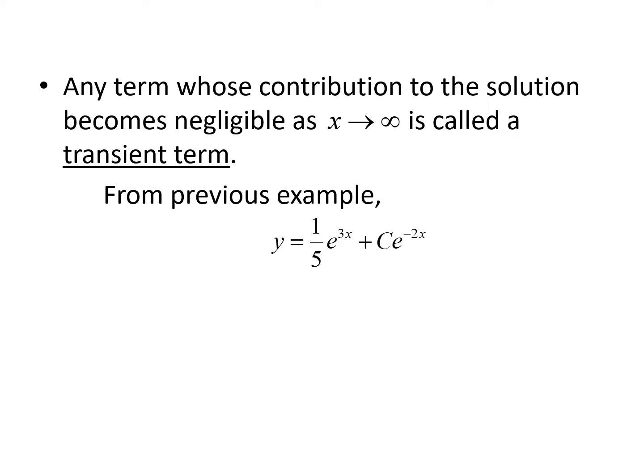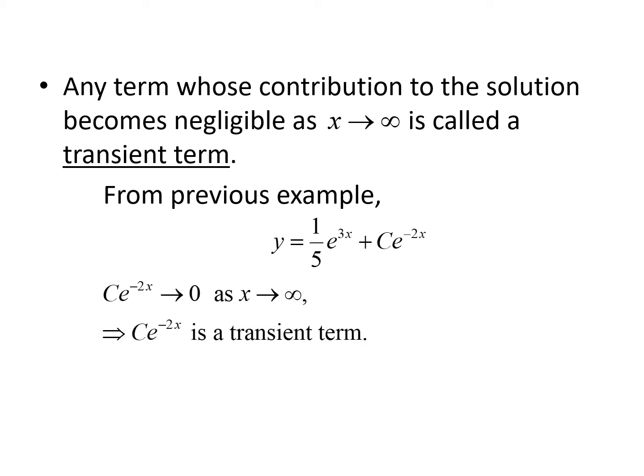But if I look at c e to the minus 2x, remember that negative sign means we can consider that being in the denominator, so that's the same as c divided by e to the 2x. And if e to the 2x were in the denominator, then when x goes to infinity, that overall term, that fraction, is going to get very, very small. So this is going to tend towards 0, and so that means that c e to the minus 2x is going to be a transient term.